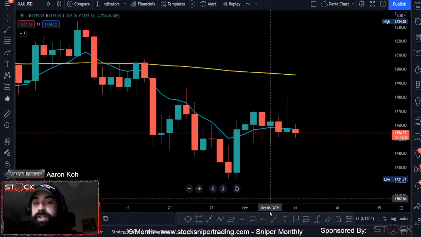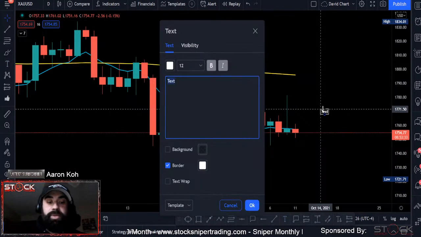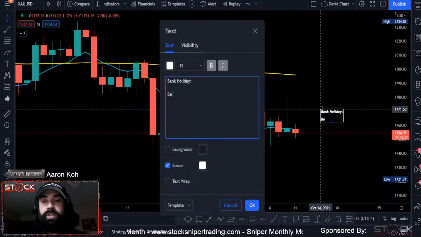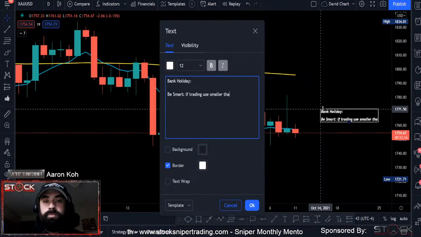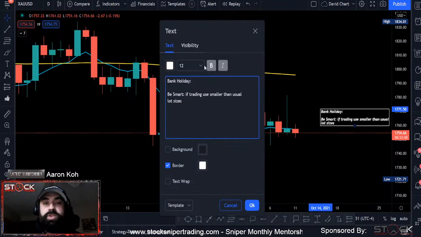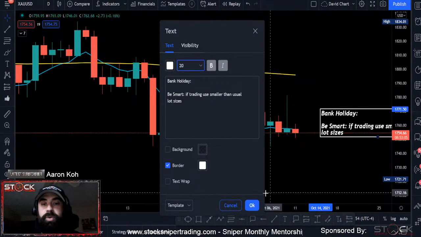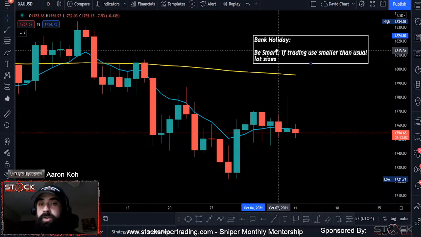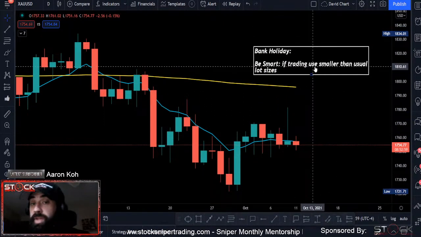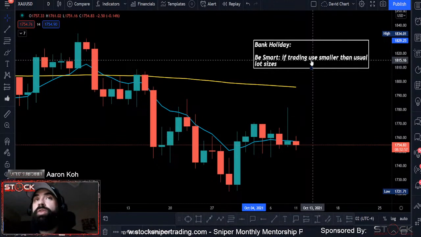So just a quick tip. If you guys are trading today, because it is a bank holiday, be smart, guys. If you are actually trading today, use smaller than normal lot sizes.